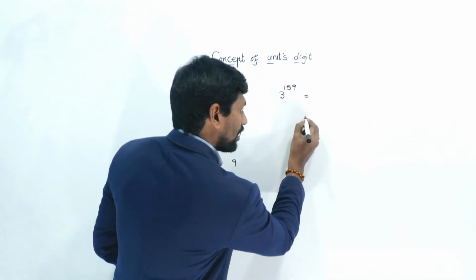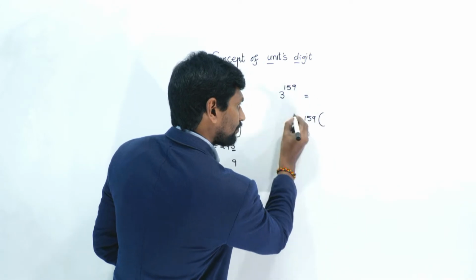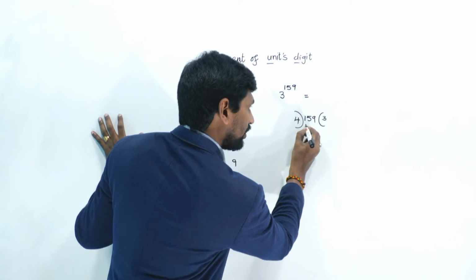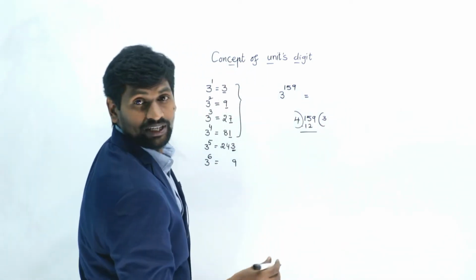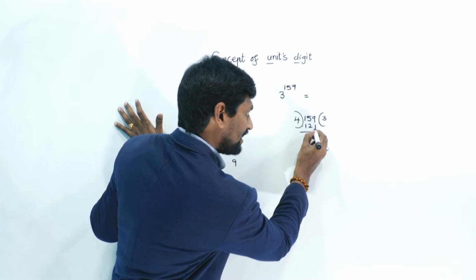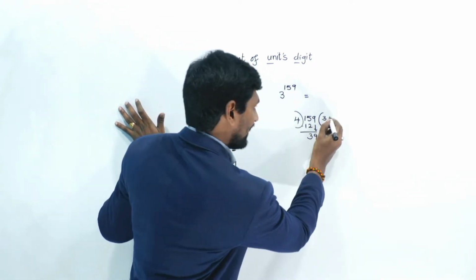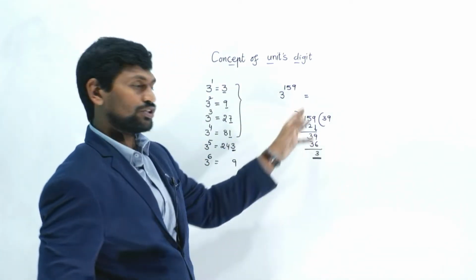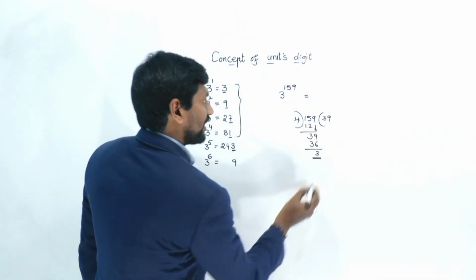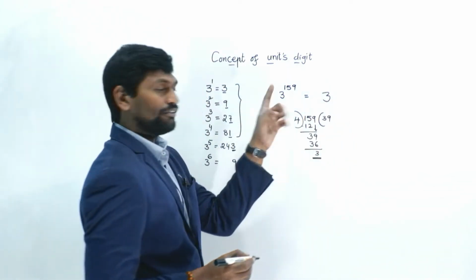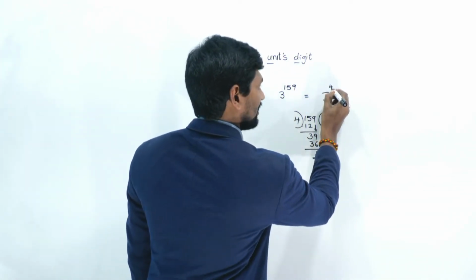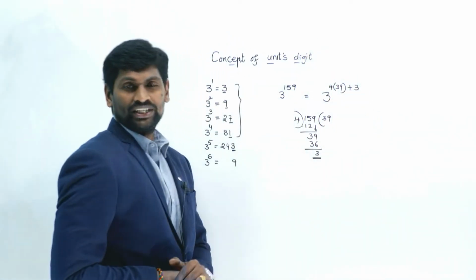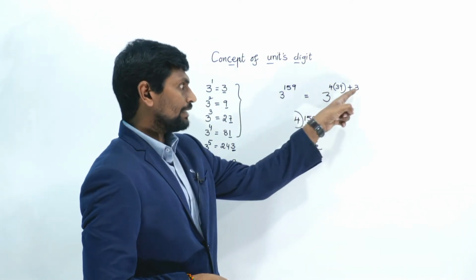So this 159 should be divided by 4. 4 3s are 12, so remainder is 3, and 9 is brought down. 4 9s are 36. So remainder is 3. There is no other digit to bring down. So we can write 3 power 159 as 3 power 4 into 39 plus 3. So it is nothing but 3 power 4n plus 3.